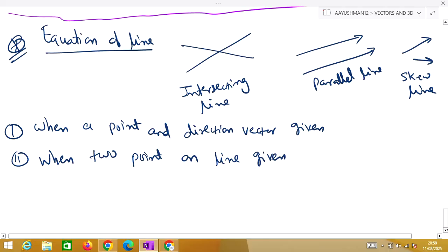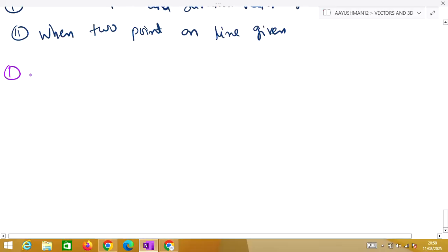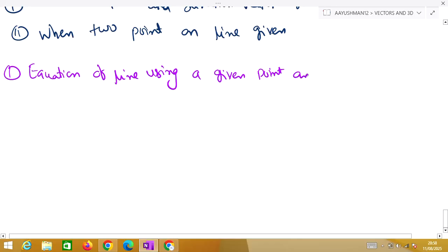These are the 2 cases we have. So first we are writing the equation of line using a given point and direction vector.